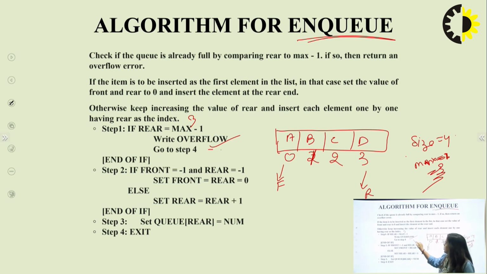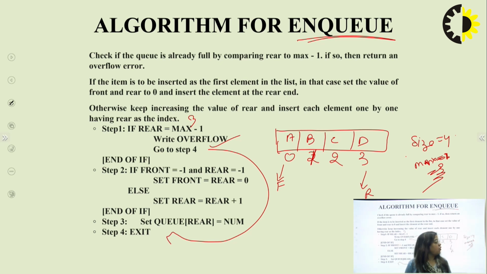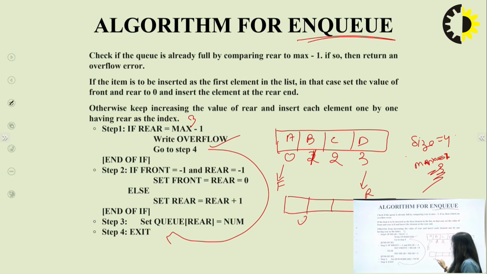Then, if you cannot insert but you have some space in your queue, check the second condition. The second condition is: if front equals -1 and rear equals -1.